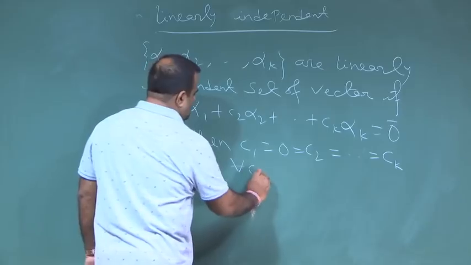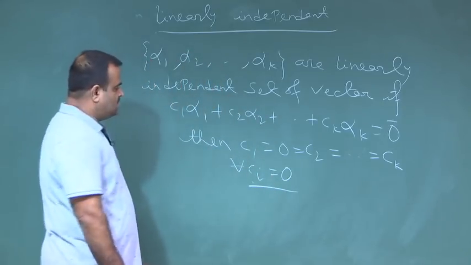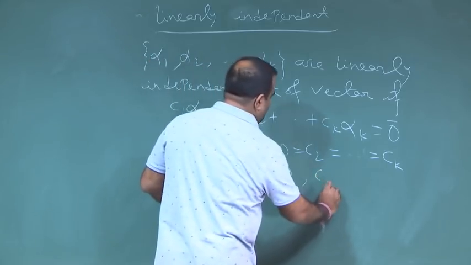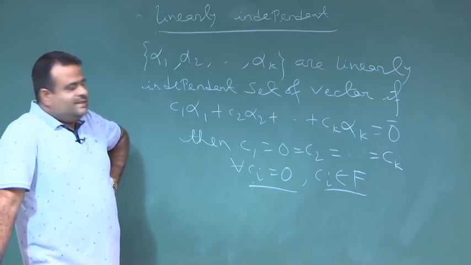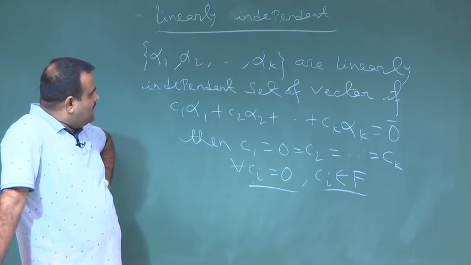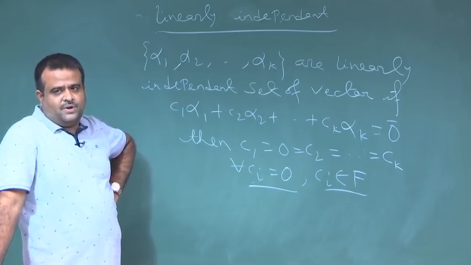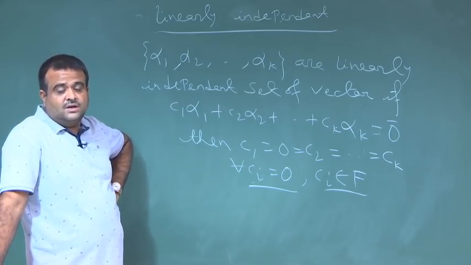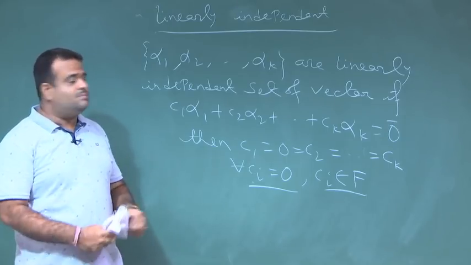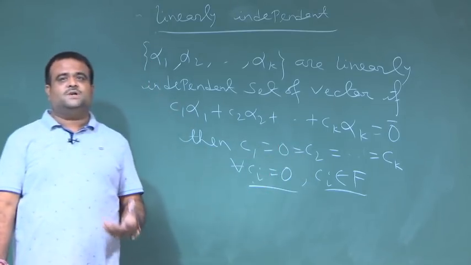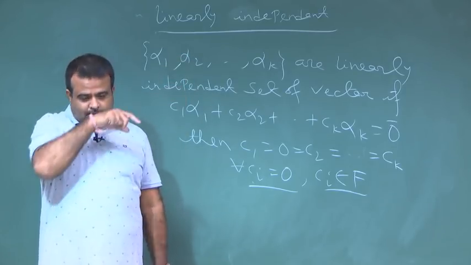So, all c i's are basically the 0 scalar. Okay, the c i's are coming from F, the field. Then we say this set is a linearly independent set of vectors if no such non-zero c i exists. So, if the linear combination is the 0 vector, then all the c i's must be 0. This is the definition of a linearly independent set of vectors.